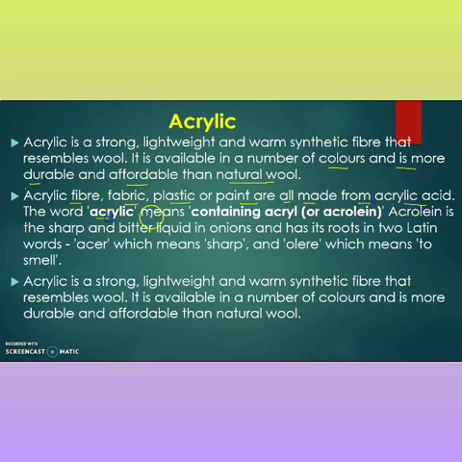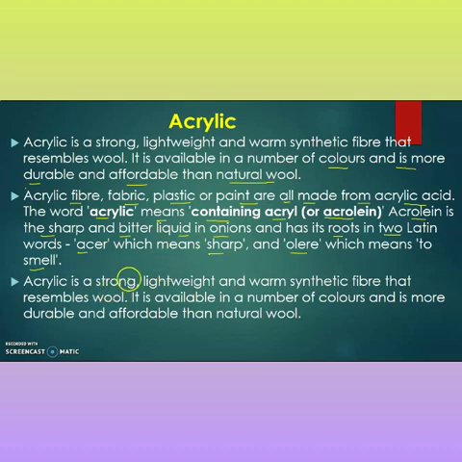The word acrylic means containing acryl or acrolein. Acrolein is a sharp and bitter liquid found in onion and has its roots in two Latin words, acer, which means sharp, and olere, which means to smell. So this is how the word acrylic arises, with the help of acer and olere.